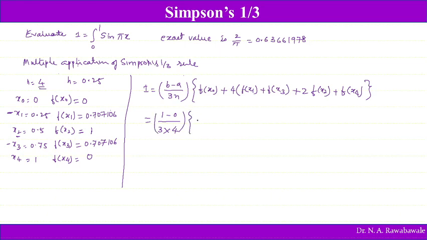In brackets f of x naught is 0, plus 4 times f of x1 is 0.707106 plus f of x3 is again the same thing, 0.707106, close this bracket, plus 2 into f of x2 is 1 into 1, plus f of x4 is 0.